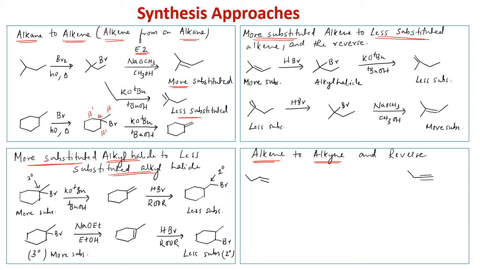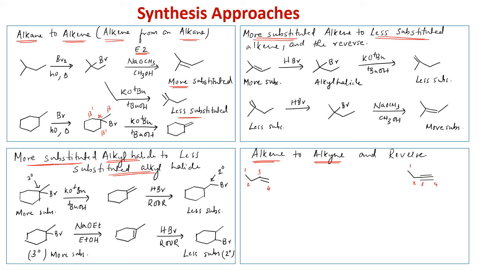So this is a 4-carbon alkene going to a 4-carbon alkyne. Okay, in case the numbering is not clear, 1, 2, 3, 4, and 1, 2, 3, 4. So a 4-carbon alkene becomes an alkyne.